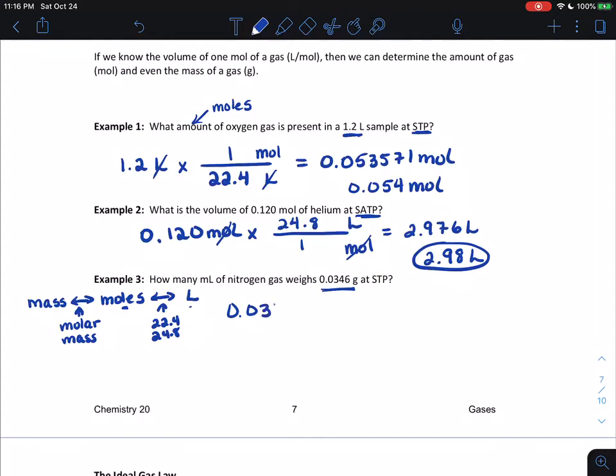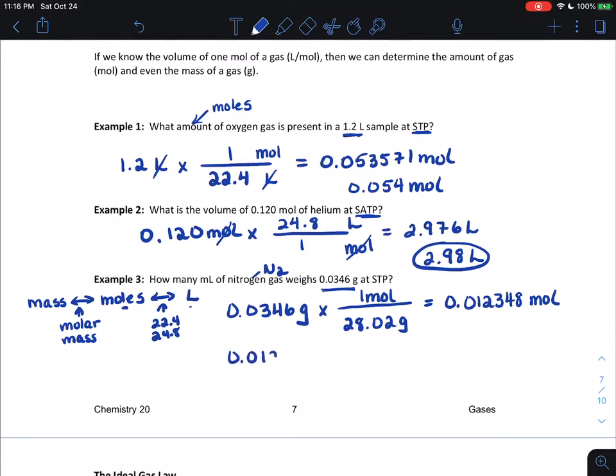So here we go. I write down the number that's been given to me. I'm going to use my molar mass, and nitrogen, remember, is N2, so I need to multiply the molar mass by 2. And this turns out to be 0.012348 moles. I'm not going to round that number. I'm going to keep it unrounded.